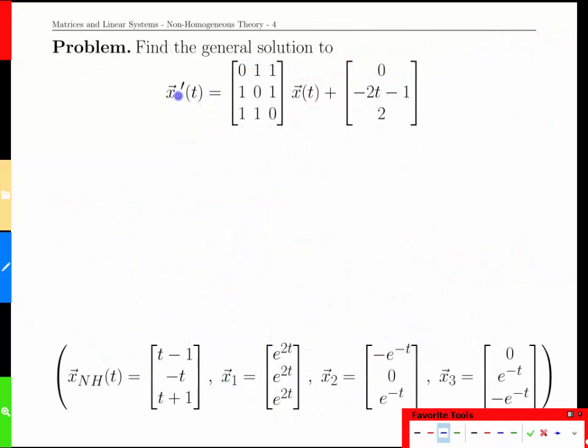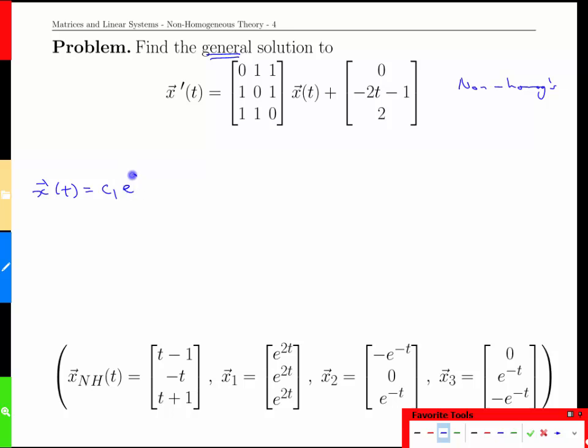Last but not least, if we look at this non-homogeneous case again, what we found was that the non-homogeneous solution was this t minus 1, minus t, t plus 1 column vector. What do we have to do to build the general solution? Well, we know what to do with this. We take our C1 times one solution to the corresponding homogeneous case.